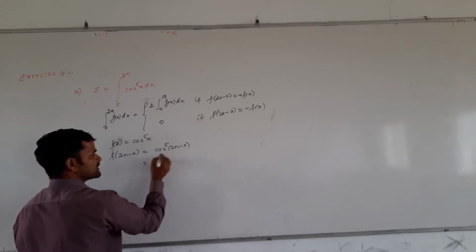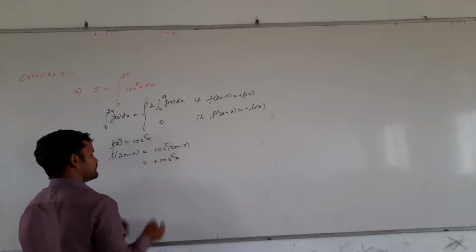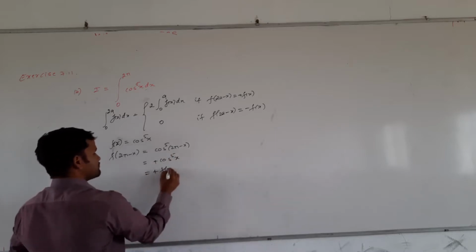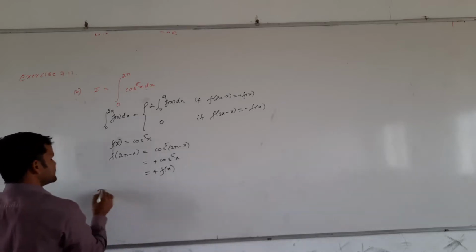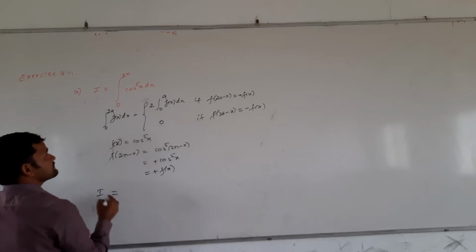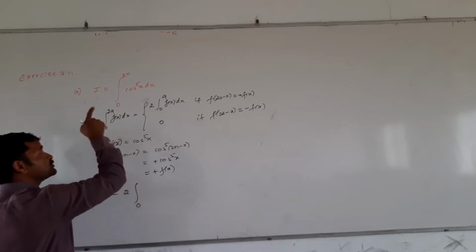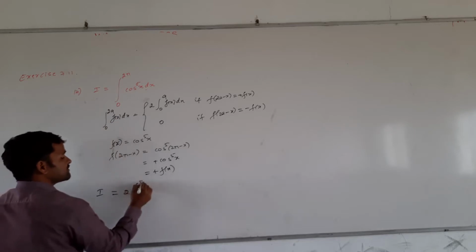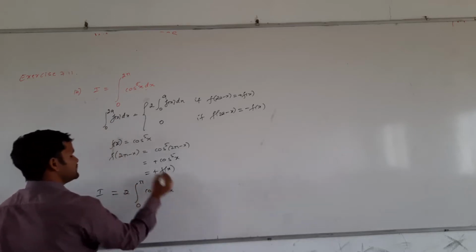For 2 pi, we should not change the trigonometric function, it remains cos only. Cos raised to 5x, we have plus f of x. So I is equal to, the first case being valid here, 2 times the integral from 0 to 2 pi by 2, that becomes pi, of cos raised to 5x dx.